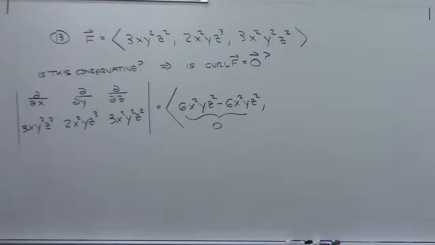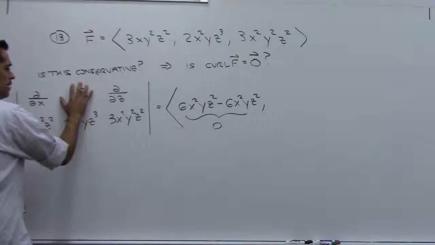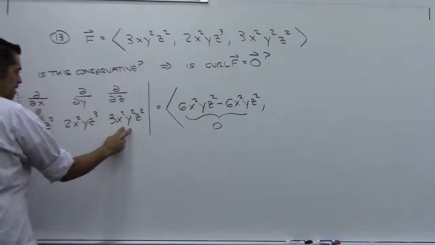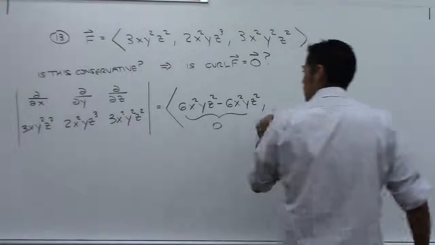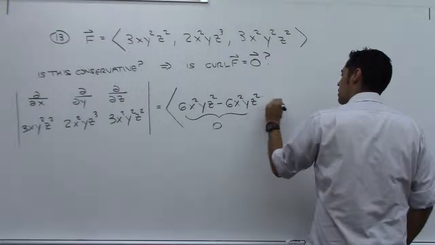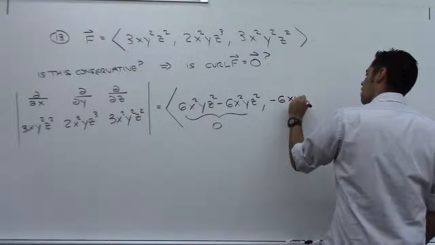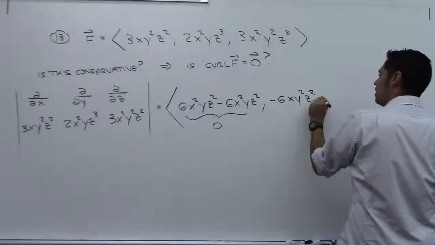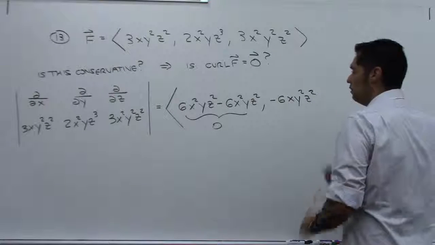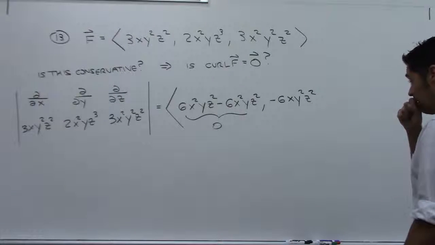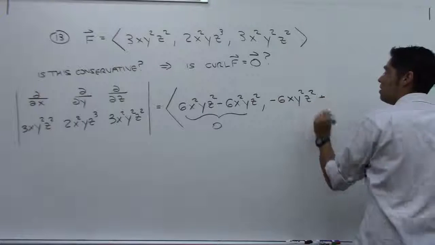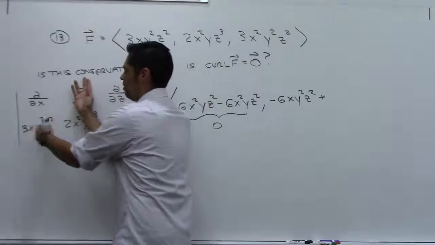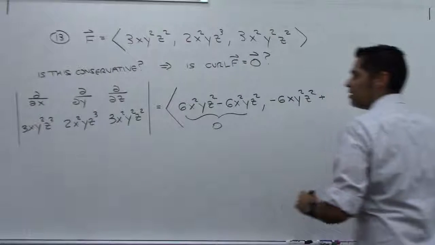All right, so now the next part I cover up the middle one and I do the negative of this. So partial of this with respect to x would be 6x, but it's going to be negative, so negative 6x y squared z squared minus, right, but then subtract, I'm sorry, subtract negative, so it would be plus, and then I'm doing this and this, so the partial of this with respect to z is going to be 6xy squared z.